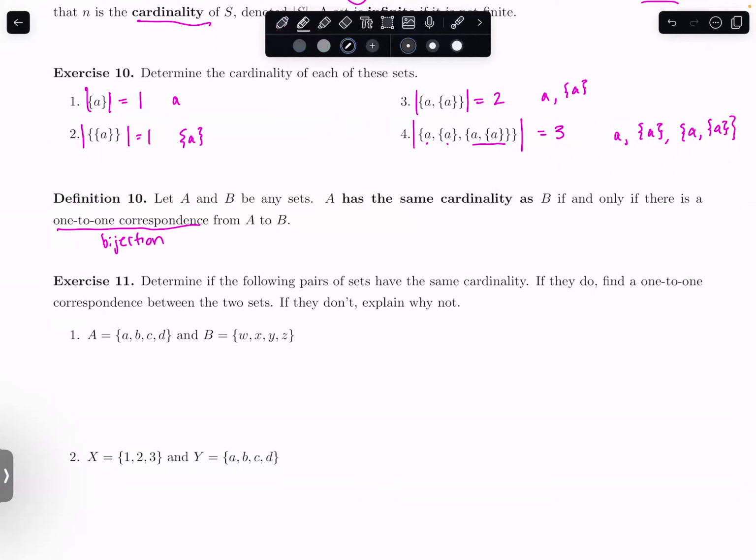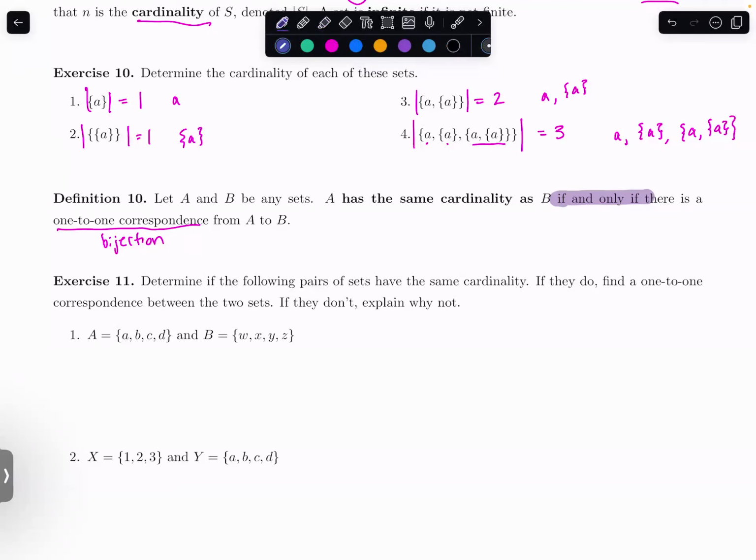The fact that this is an if and only if statement means that if you have a bijection between 2 sets, then you know they have the same cardinality. Or if you know 2 sets have the same cardinality, then you can come up with a bijection between them. If you know one thing, you know the other. And so that's really powerful.